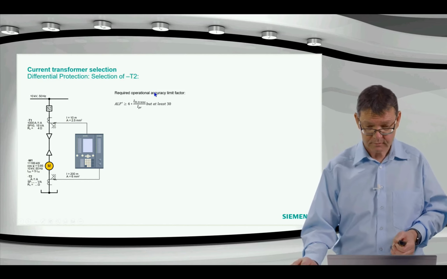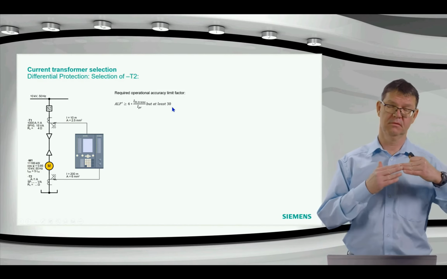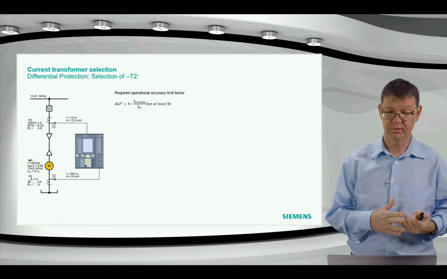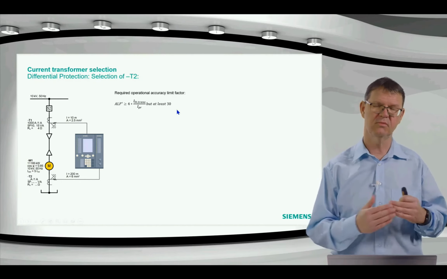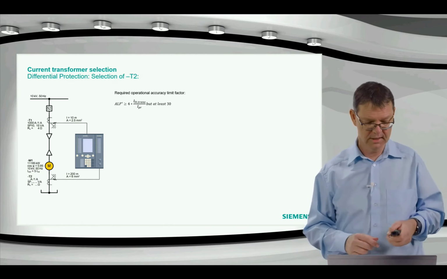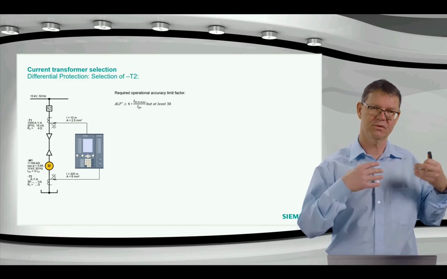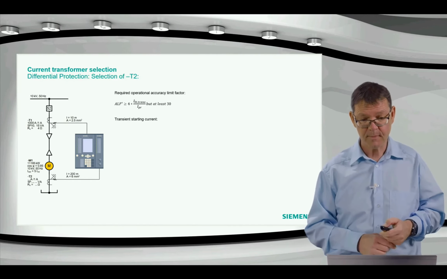And also here, we say it must be at least 30 that we can securely use our sensitive threshold. So we can say, okay, we can also use a weaker current transformer, but then we need to make a compromise and we need to raise our differential protection threshold. And this is not really what we want, because we want to measure relatively sensitive the currents here.